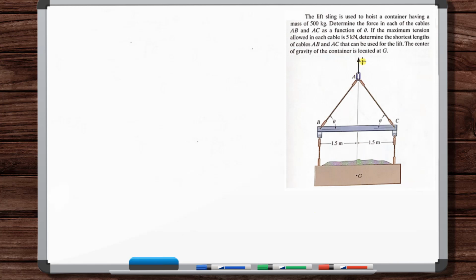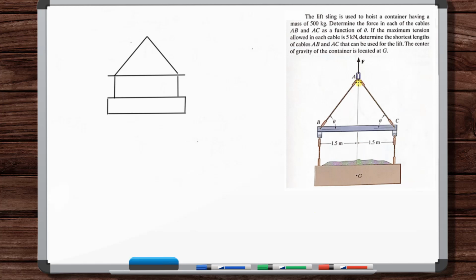And we can do that with a free body diagram of this entire assembly as a system. Yes, we do have these flexible cables, but everything is connected and the cables are taut.